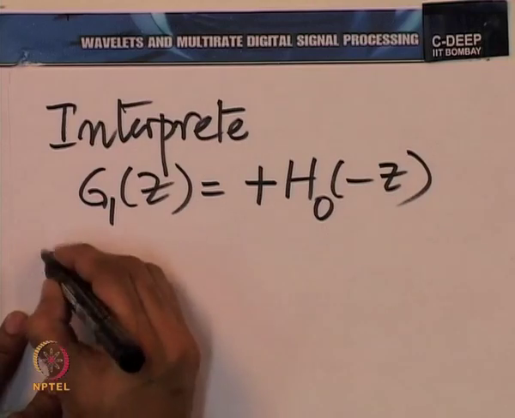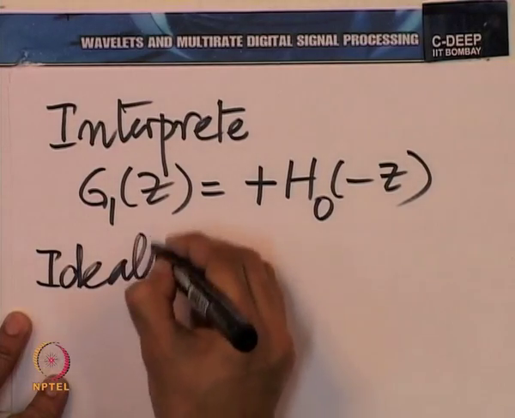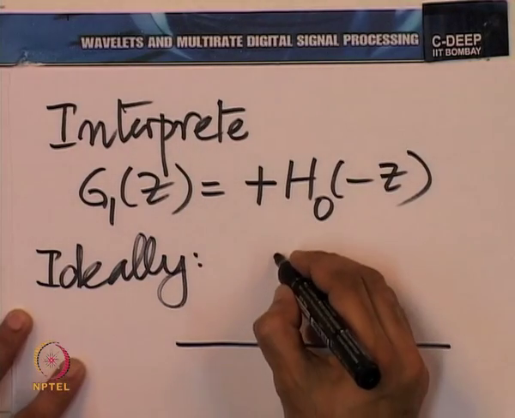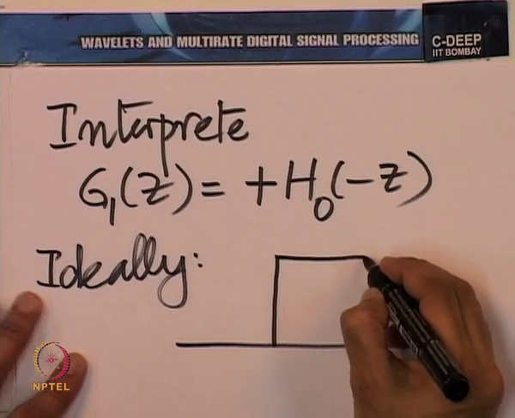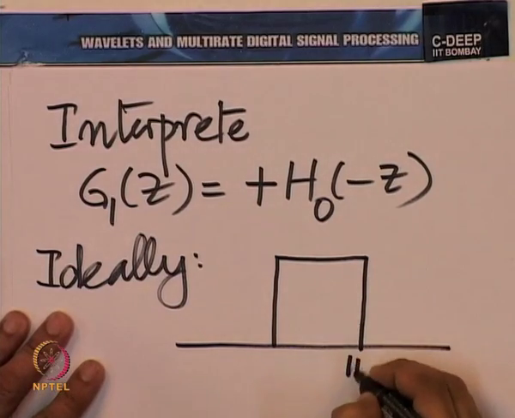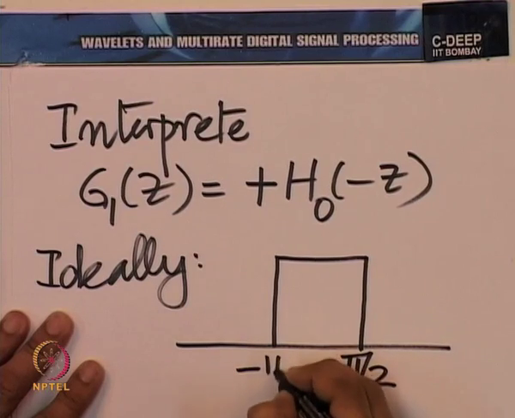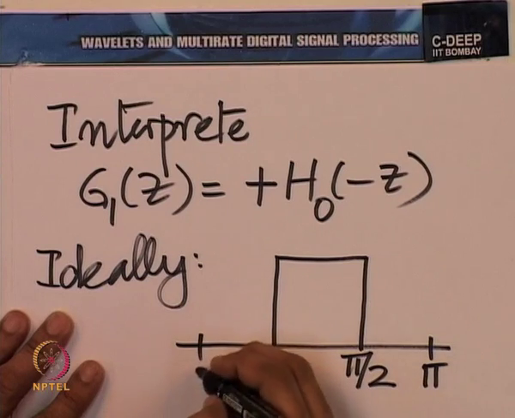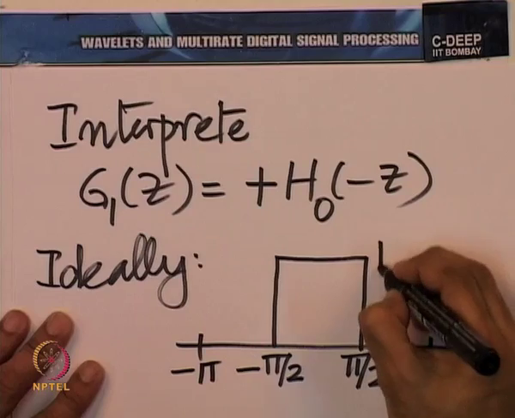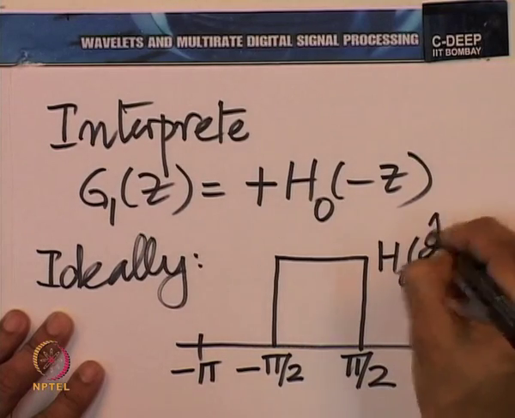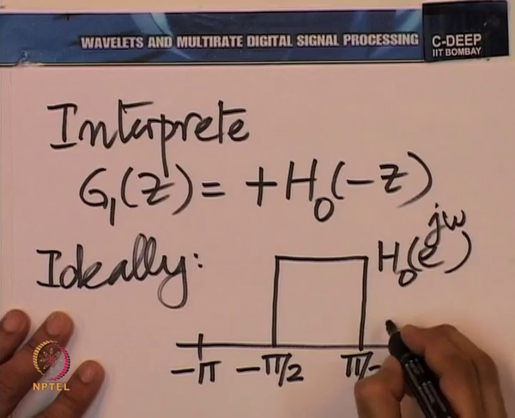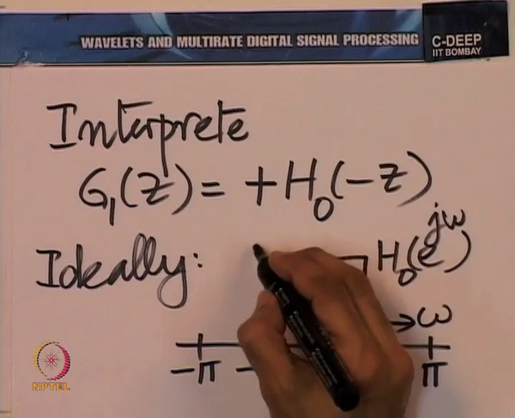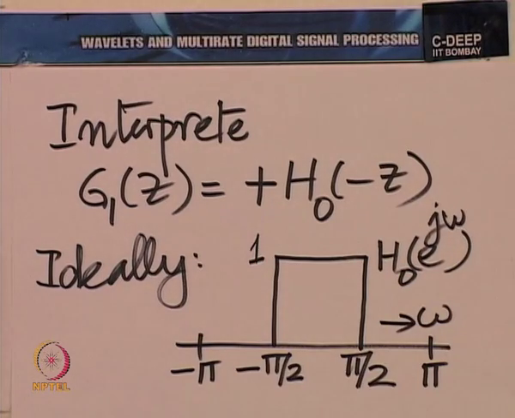You see, ideally, this is what the frequency response of H 0 should be. It should be an ideal low pass filter with a cutoff of pi by 2. So, this is what the frequency response should look like. This is 1, the height here.